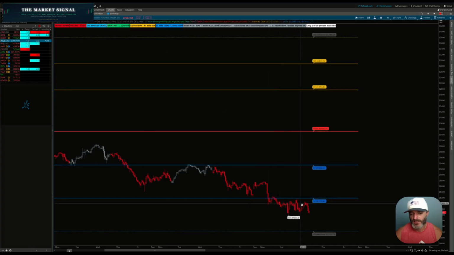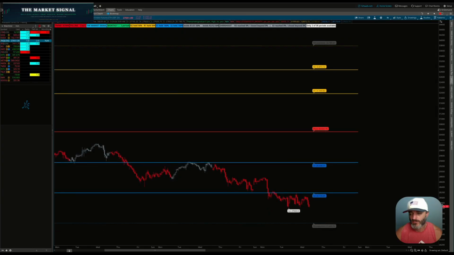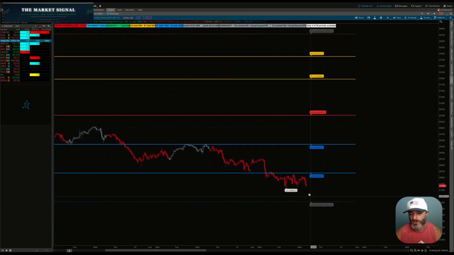Once this breaks, until it can reclaim 28,180, there's no reason for me to do much unless we get to this 27,022. Then you can be a buyer of that using that as your bull bear line because that is our first target. So if we get there, you buy it and you see if it holds. If not, you just get out. It's that simple, but you don't guess in between because you will get taken out to the woodshed.